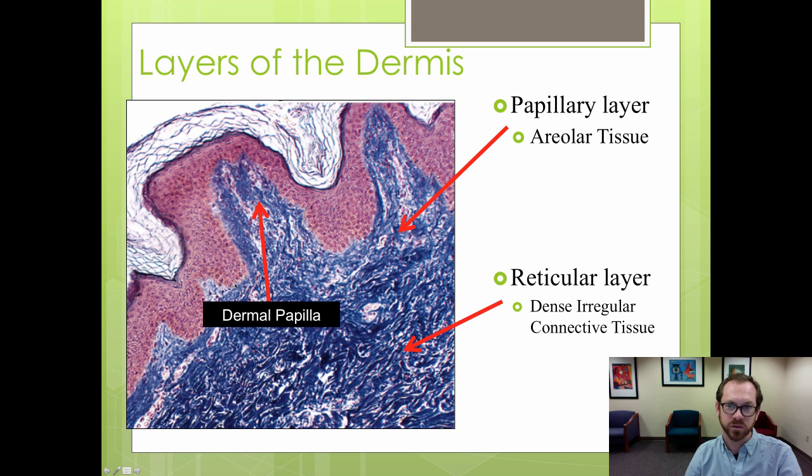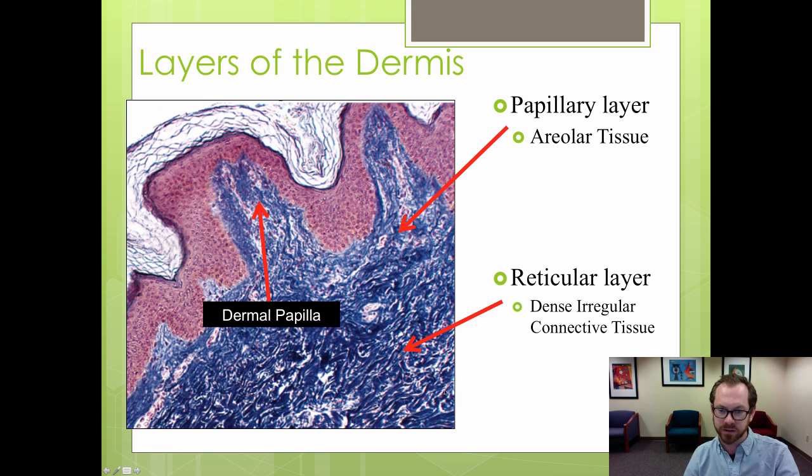So the most superficial layers of the dermis. And again, this papillary layer of the dermis is going to be made mostly of areolar tissue, which allows for nutrients to flow from the dermis to the epidermis. And this projection here into the epidermis is called the dermal papillae.